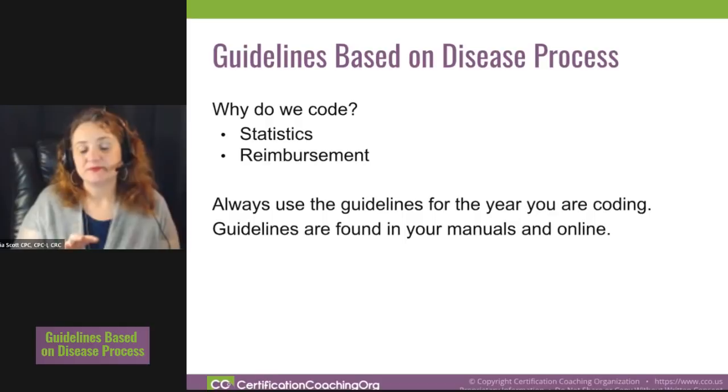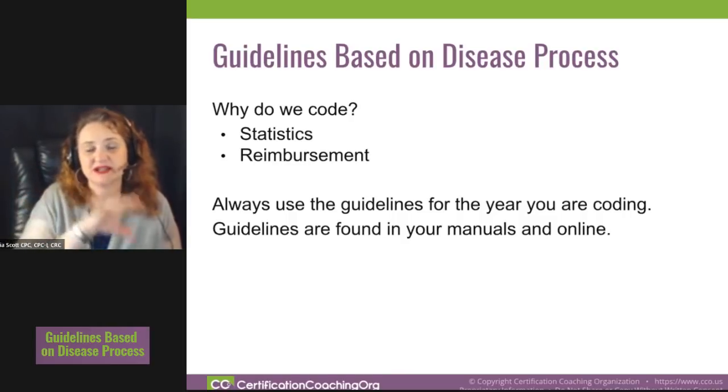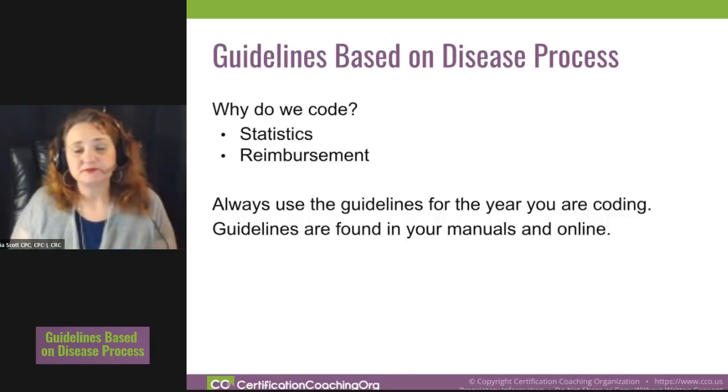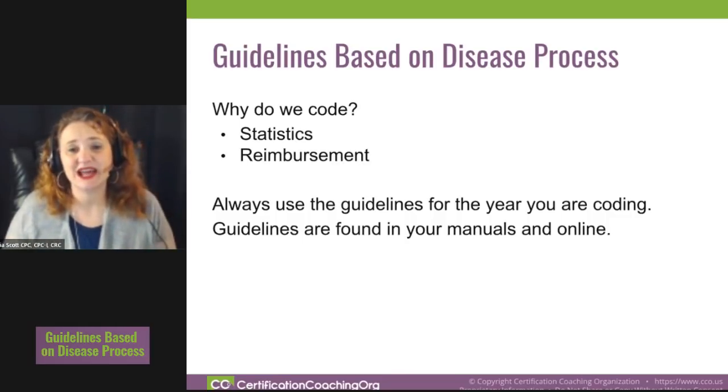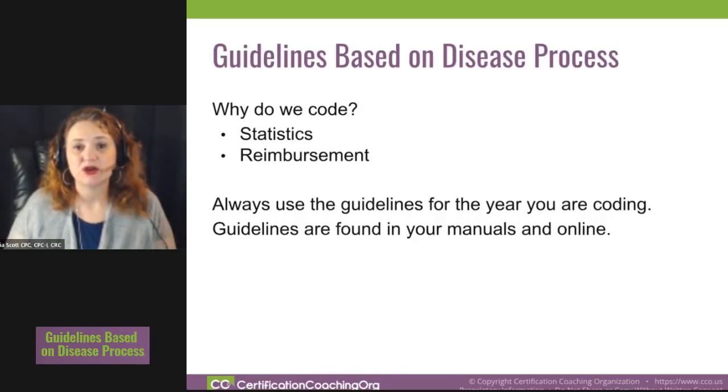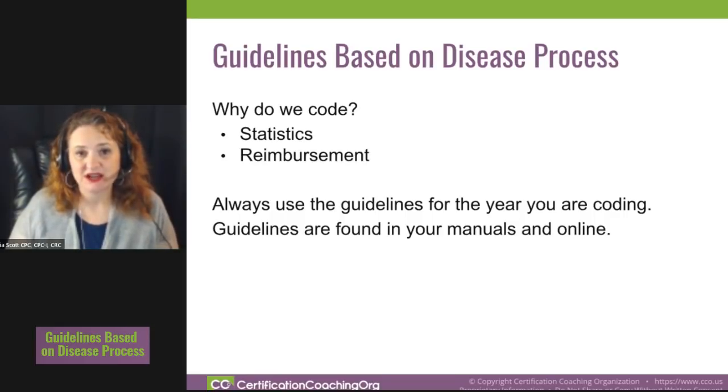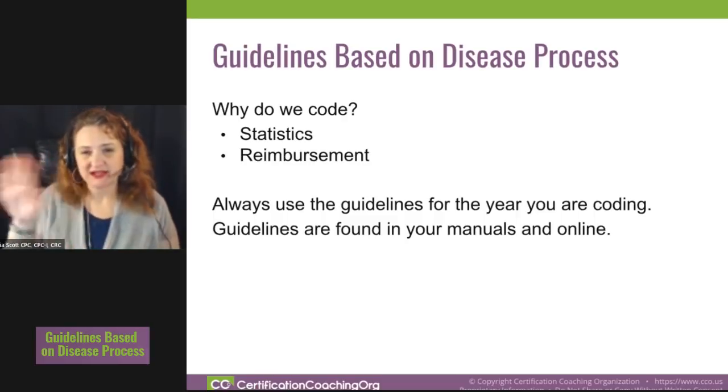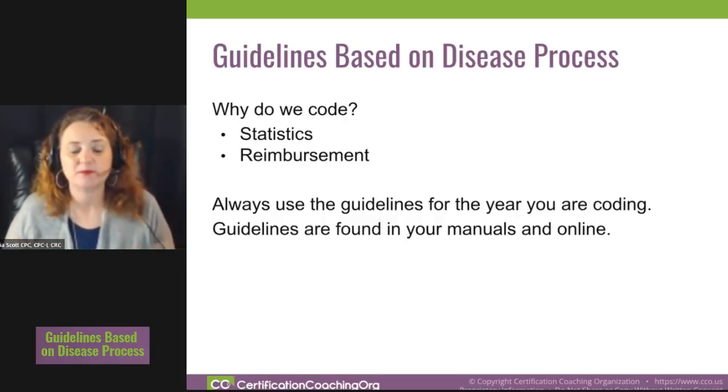Now, the guidelines in CPT follow the disease process a little bit because it's procedures related to the diseases, but with ICD-10 PCS, the disease process makes more sense with those procedural codes, because the root operations are based on the outcome of the procedures. But that's another lecture. We'll talk about that another time.